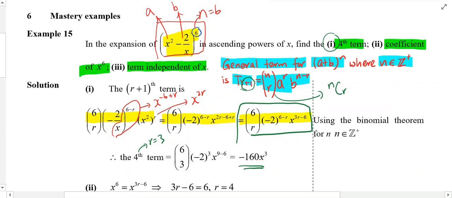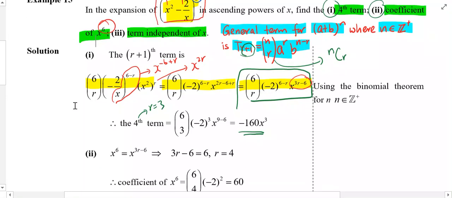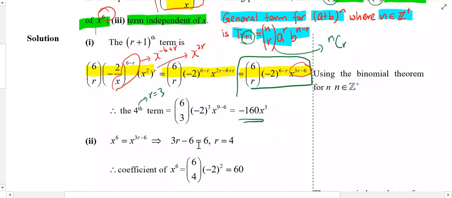For part 2, finding the coefficient of x to the power of 6, we still use the general term formula. We now focus just on the power because you want this to be 6. So we solve 3r minus 6 equals 6, and that gives r equals 4.